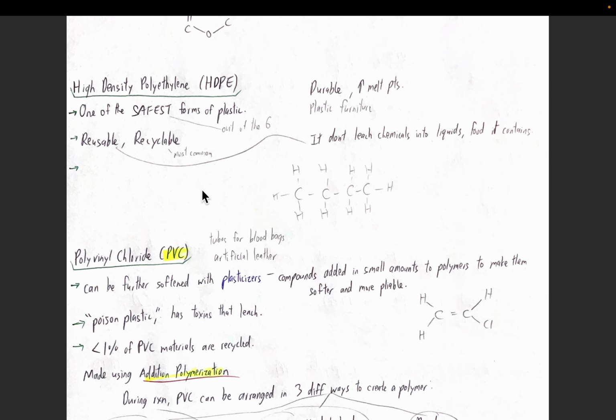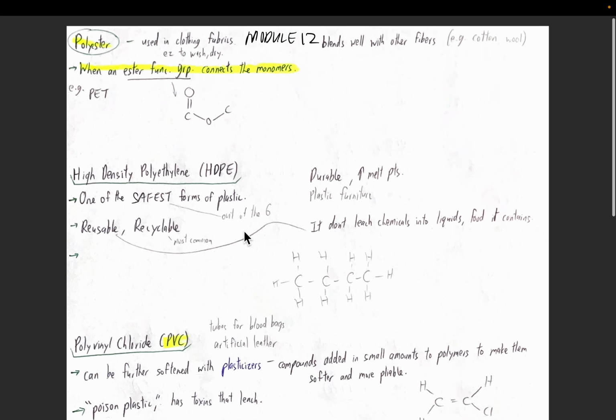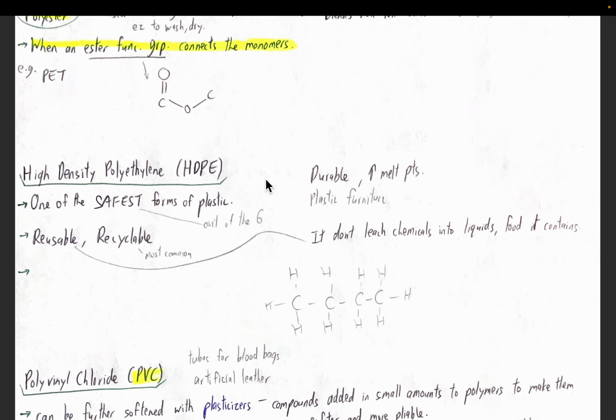Yeah, this is actually how we start the lesson. Okay. High density polyethylene is one of the safest forms of plastic, out of the 6 at least. The 6, by the way, we call them the 6 big polymers, I think. I'll fact check that later.